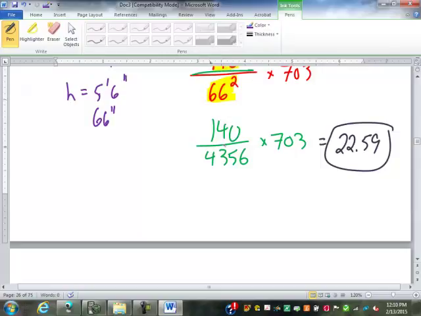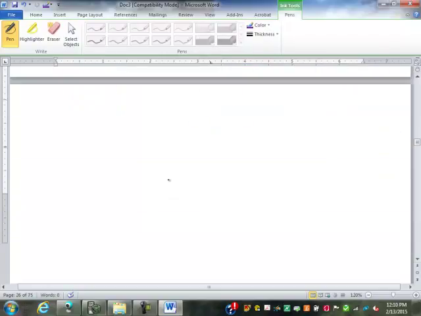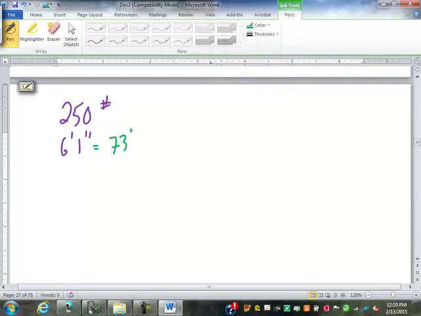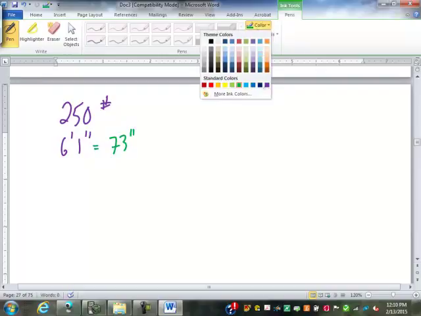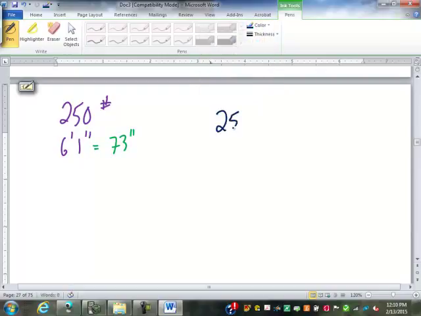Let's do one more example of that at least. Let's take someone who is 250 pounds and is 6 foot 1 inches tall. So again, this immediately is going to get changed to 73 inches. So our formula will be 250 over 73 squared times 703.